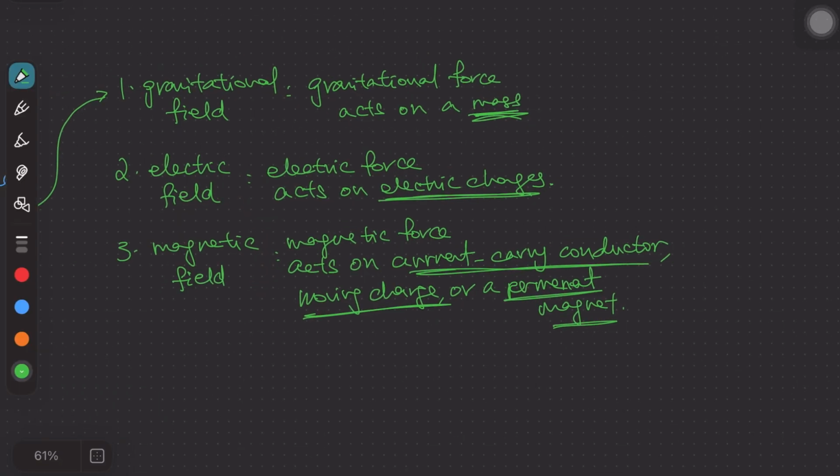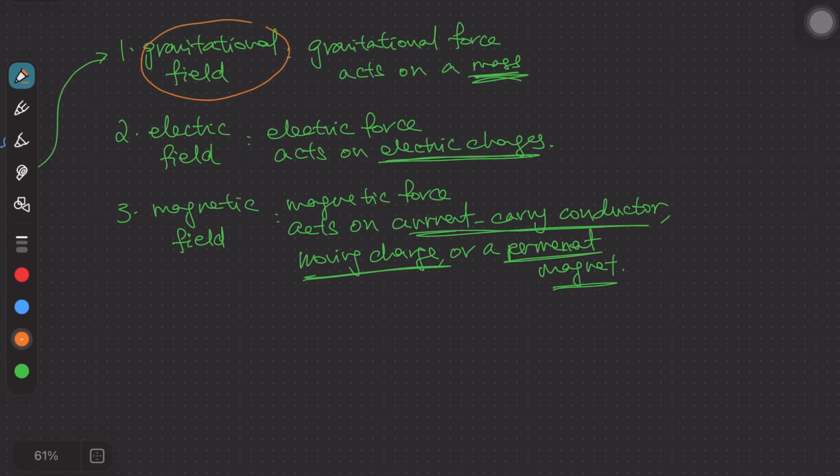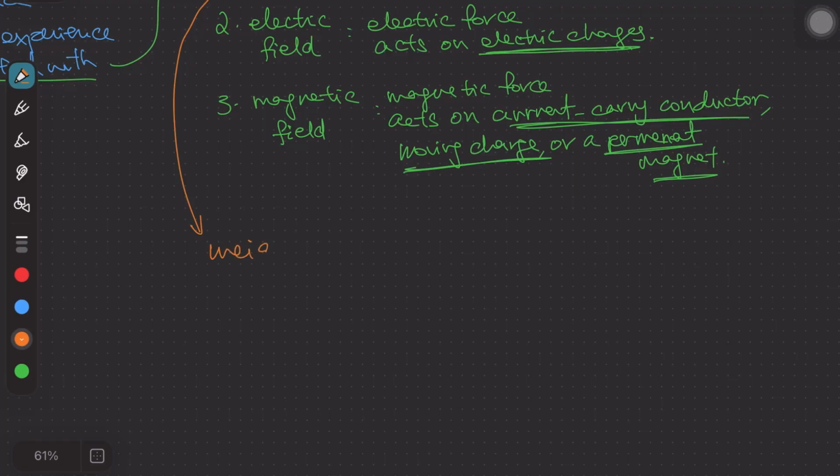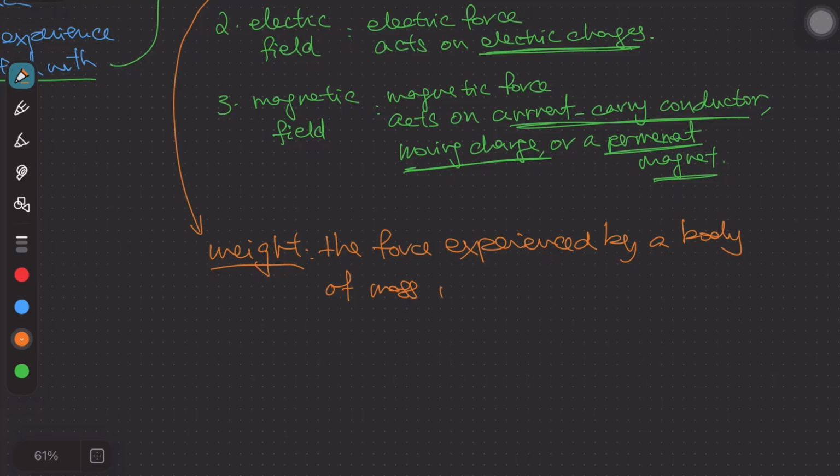Alright, now let's take a closer look at the gravitational field. The gravitational field provides a special force that we call weight. So what is weight? Weight is the force experienced by a body of mass in a gravitational field.